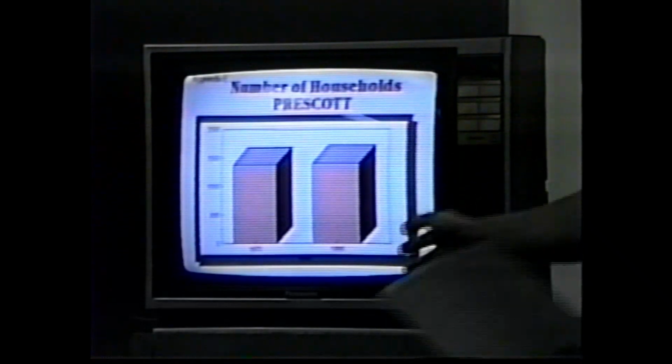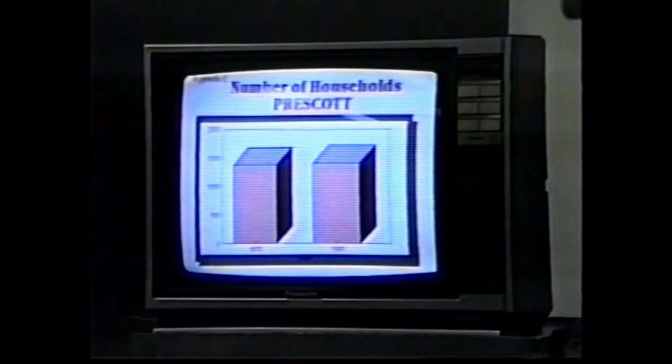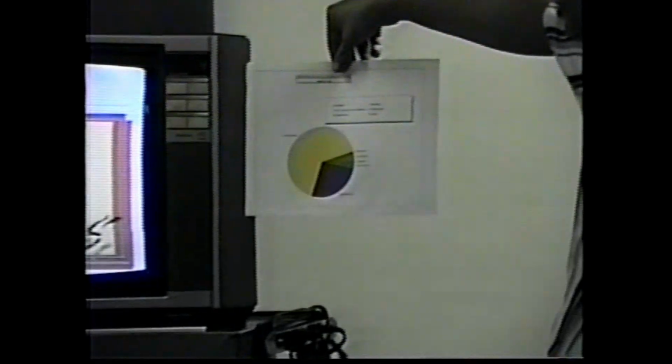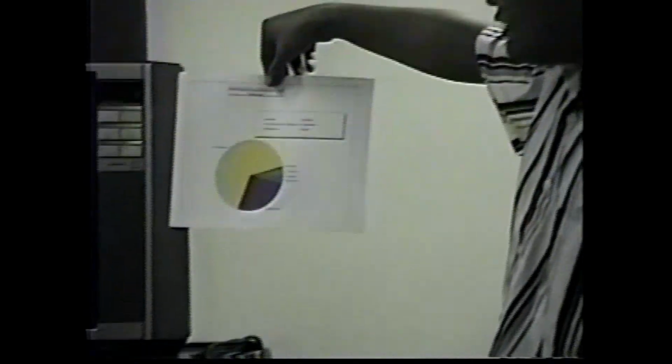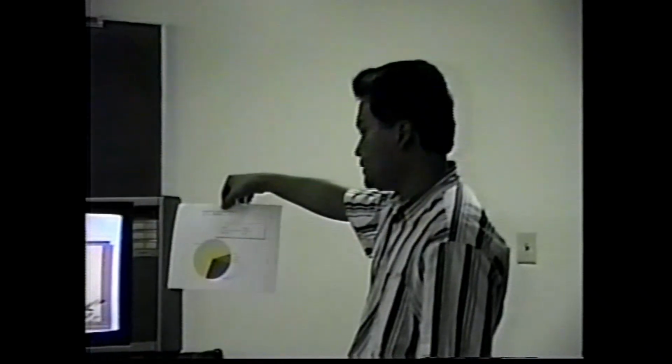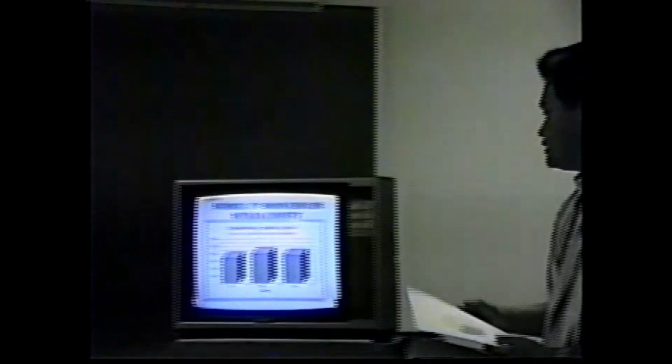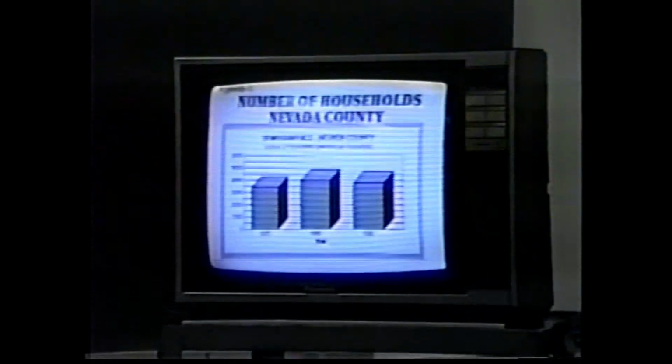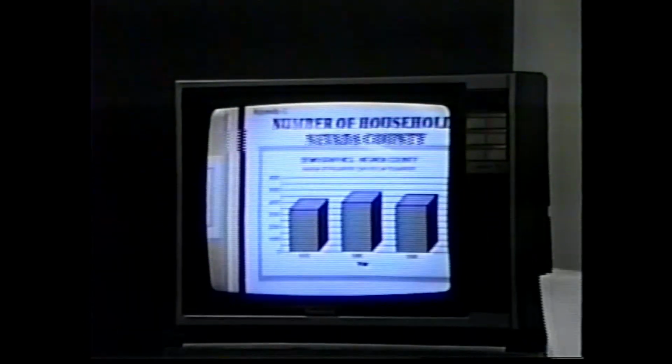And by the way, you can also print the output to hard copy, something like this. If you have a color printer, you can have a color printout as well. There's plenty of things you can do with this program. It depends on your creativity, basically.